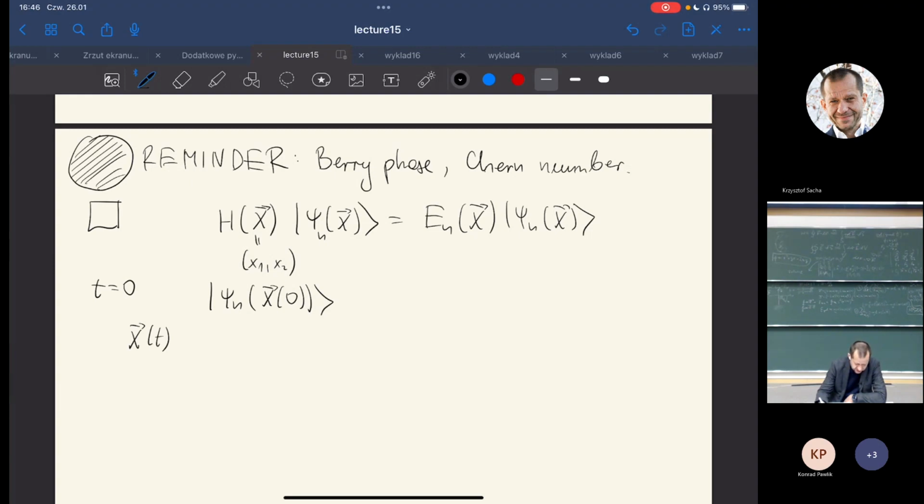If we change the parameters very slowly, then we expect that our system, initially prepared in a certain eigenstate, will follow this eigenstate in time. And this is possible if the evolution is sufficiently slow and provided that the corresponding eigenvalue at a certain time is never degenerate.